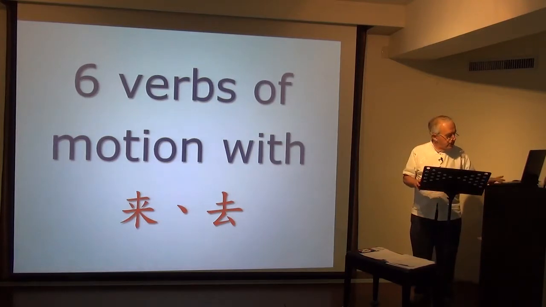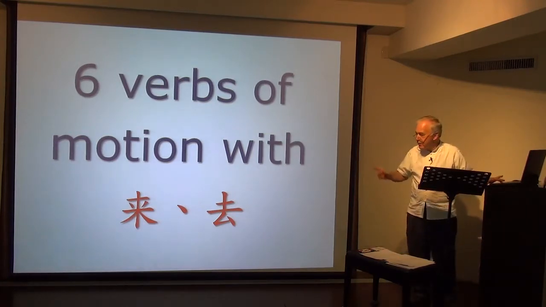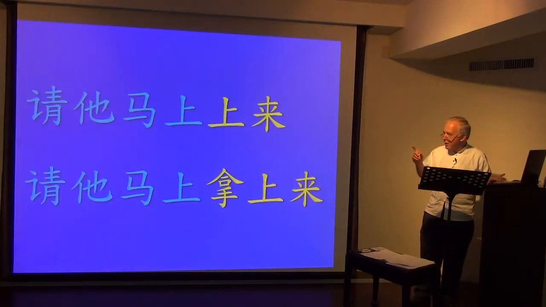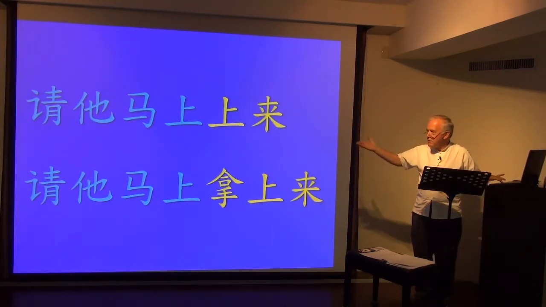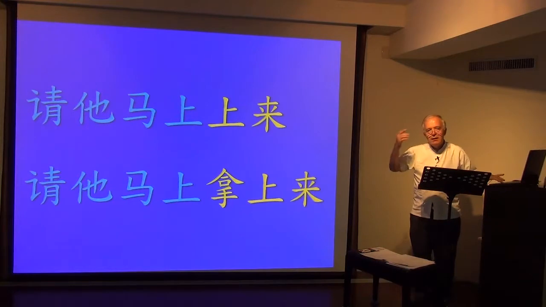But what we need to notice is that these 6 verbs of motion, okay, there was the first one, 请他马上上来, tell him to come up here immediately. It's not 上来这儿, 请他马上上来, tell him to come up here immediately.